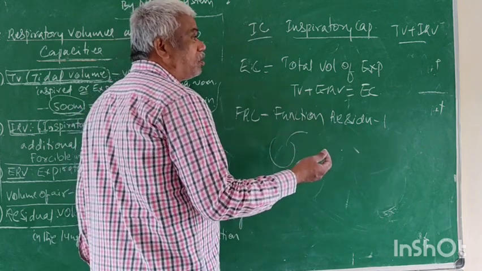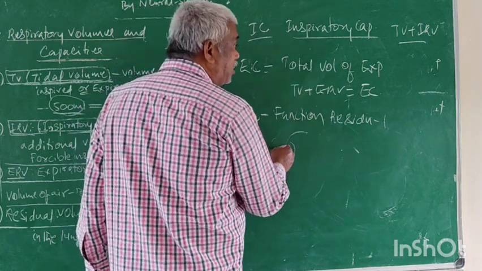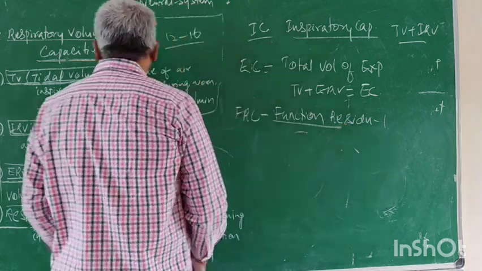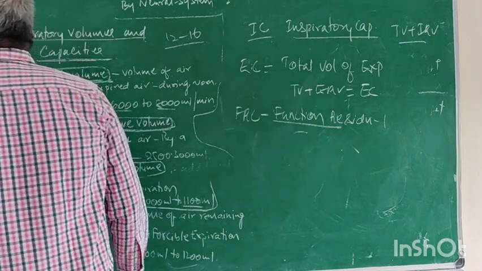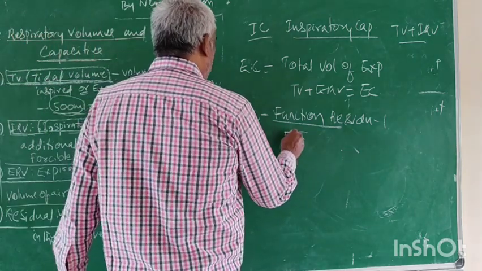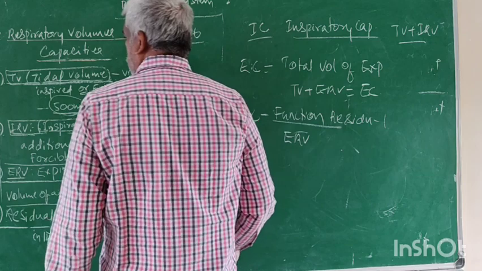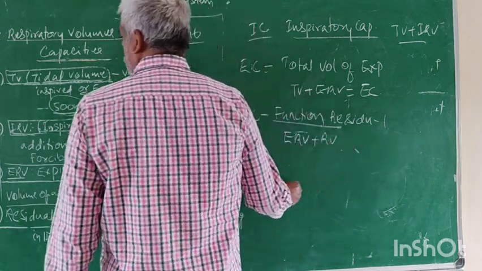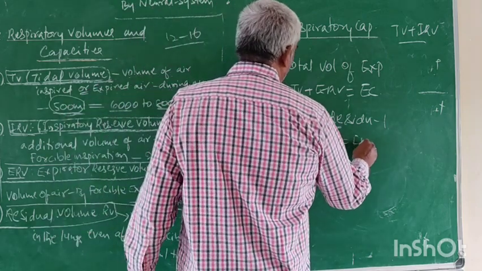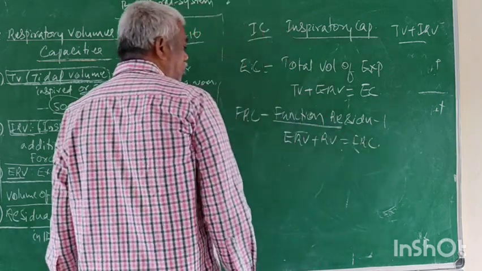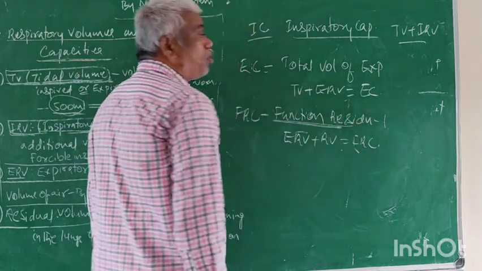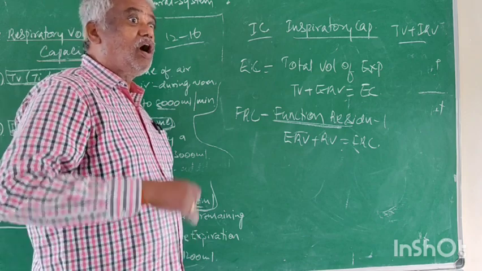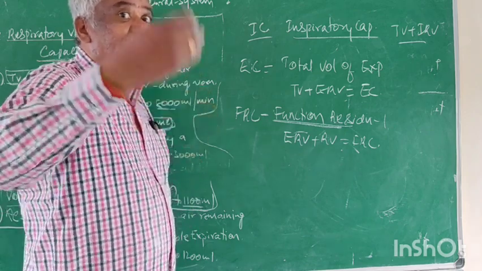After normal expiration, whatever remains in the lungs is called functional residual capacity. The functional residual capacity is ERV plus RV equals FRC, the amount of air which remains in the lungs after expiration.